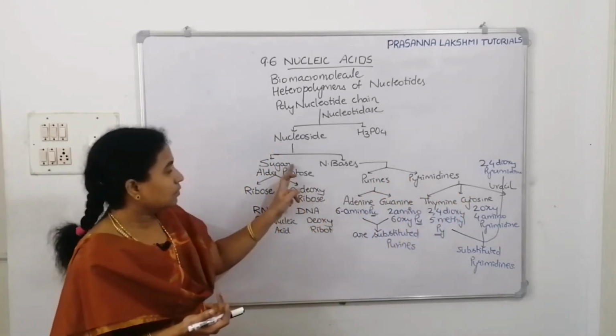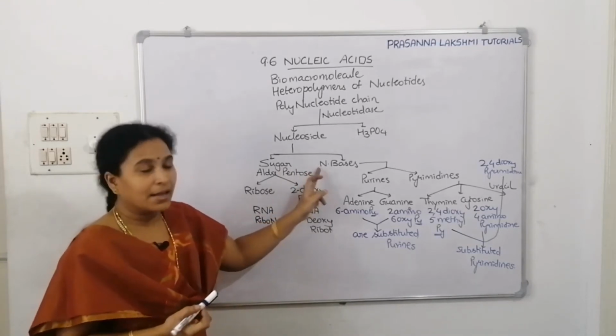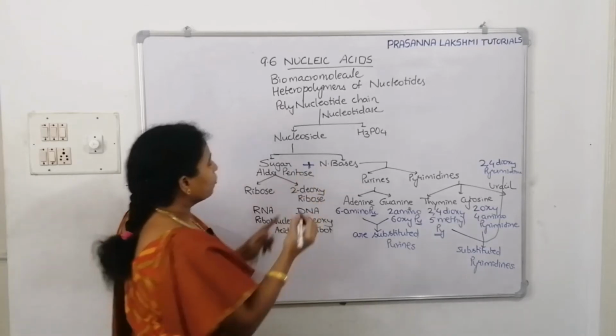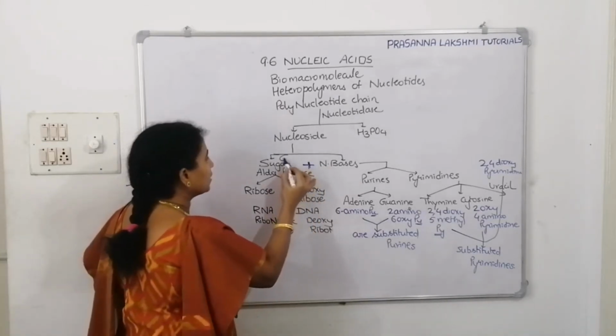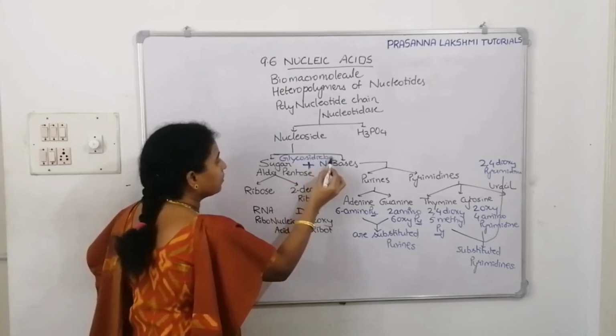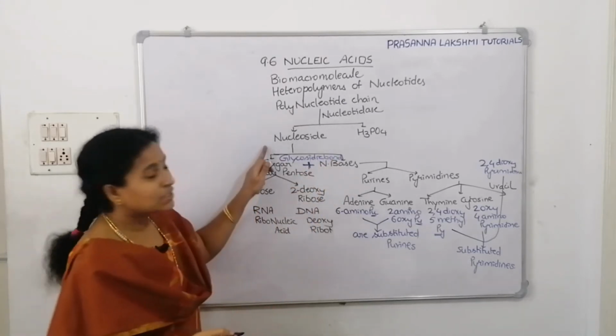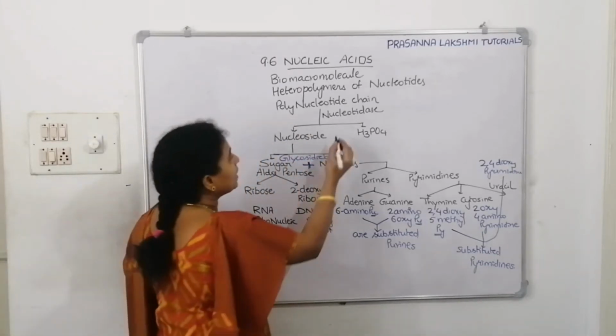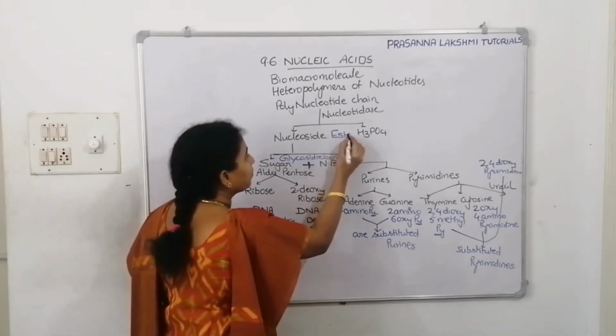Now, sugar is joined to a base by which bond? Let me write it here. By glycosidic bond. You will get a nucleoside. Nucleoside joins to phosphate by an ester bond.